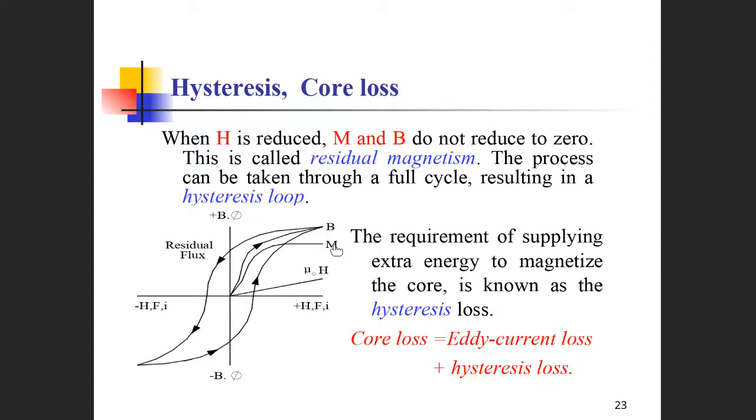So when you reduce the current, the magnetic field does not reduce in the same way as it increased. This is the increasing process. When you reduce the current, the magnetic field reduces, but does not follow the increasing path, does not follow this path.